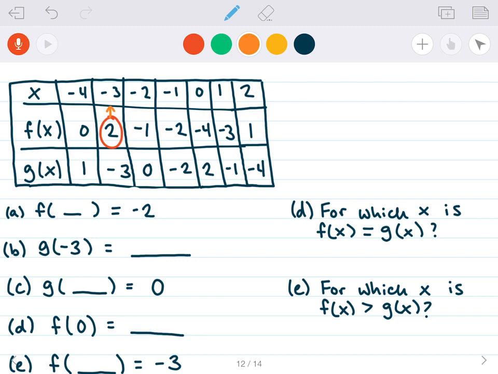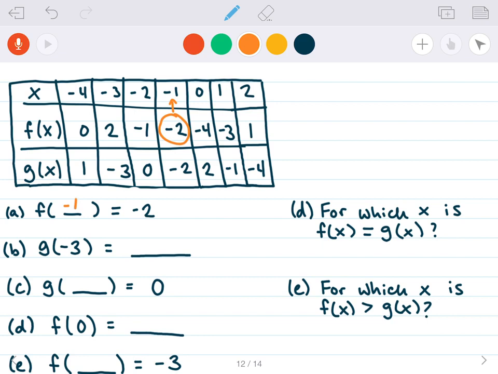Oh wait, I'm sorry you guys, I was looking at +2 and not -2. We need to look at -2 as an output, and the corresponding input right above it is -1. So when x is -1, f of x equals -2.